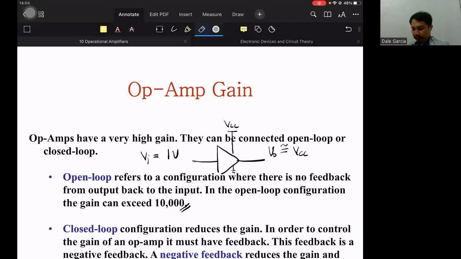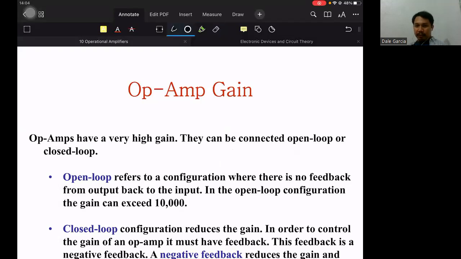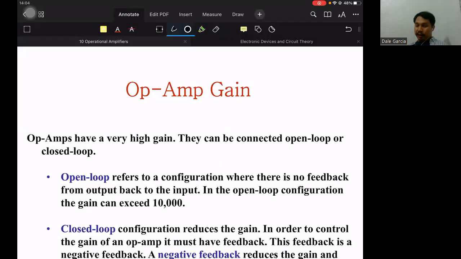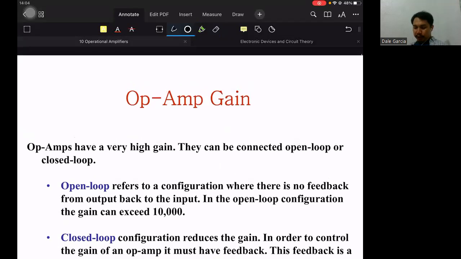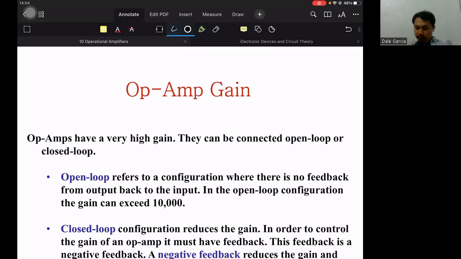So again, malimit noon sa supply ang possible output sa atong operation amplifier. But again, that doesn't negate the fact na close to infinity gid iyang voltage gain, no? Very high voltage gain. So using the open loop capability of the op amp, there's no way for us to control the gain, no?